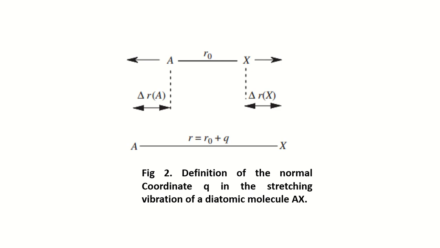This stretching motion will occur along what we will define as the normal coordinate Q. The normal coordinate is defined as some internal coordinate in the molecule along which the progress of the normal mode of vibration can be observed.